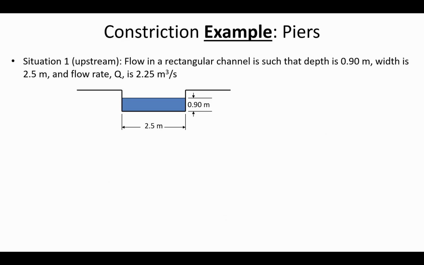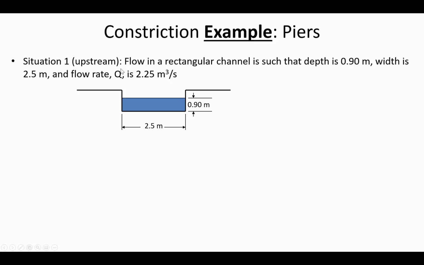So in the available time that's remaining, we're going to work through an example that's similar to what we did last time. In Wednesday's class, we said that the channel's physical width decreased. That's one way that we can have a constriction. Another is if piers go into the channel. So upstream, before there's any constriction, we have a 2.5 meter wide rectangular channel and a given flow depth of 0.9 meters, and we're sending 2.25 cubic meters per second through that channel.